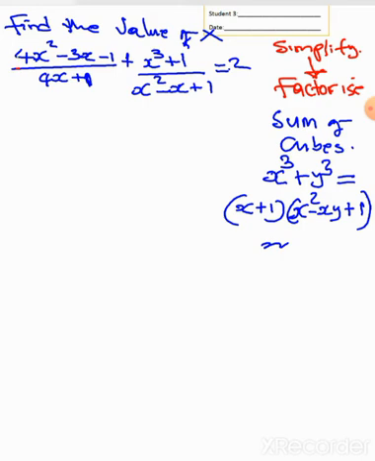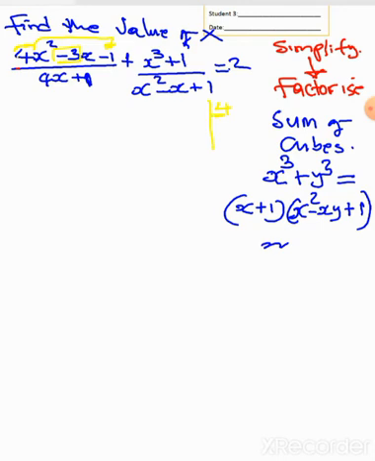So look at this. How can it be factored? We spoke about this. You take the coefficient of x squared and multiply it with the constant. In this case your answer is 4. Then you look at 4 and ask what numbers multiply to give 4, but if I add or subtract them, they give me the coefficient of x, which is minus 3 in this case.